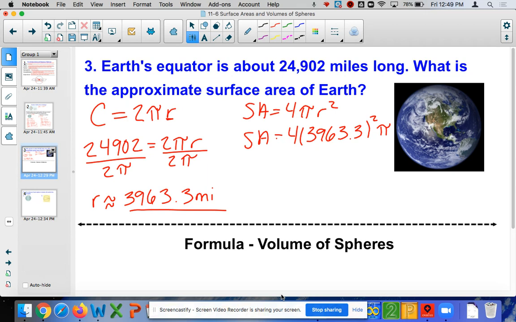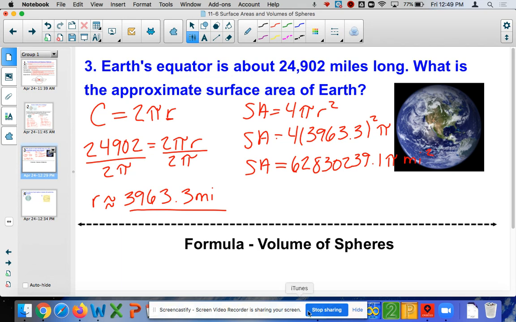And once you've got it squared, multiply it by 4. And you get 62,830,239.1 pi miles squared, because we are talking about miles.